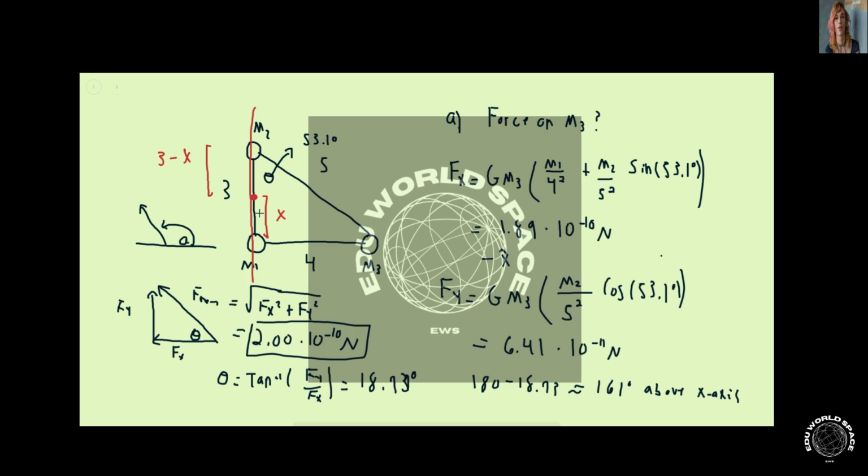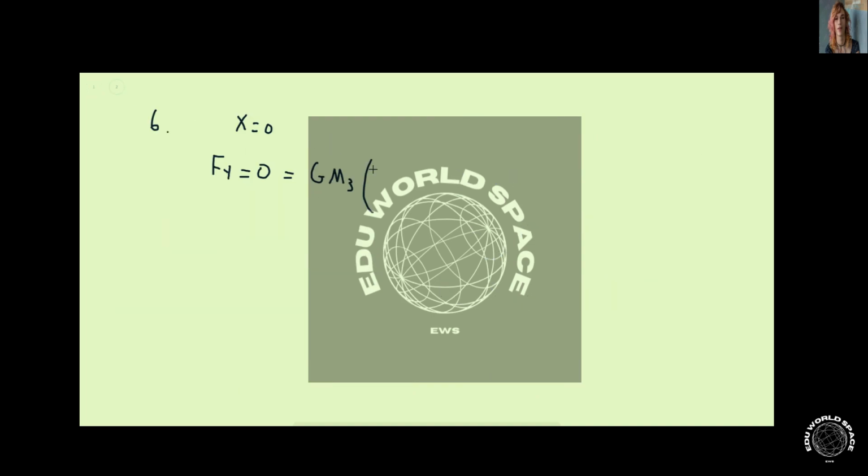So that's going to be pulling downwards on it. So I'll say that's a negative force, and it's a distance x away. So we have m1, and then we have that over x squared.